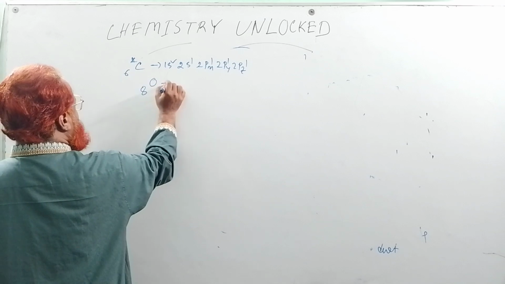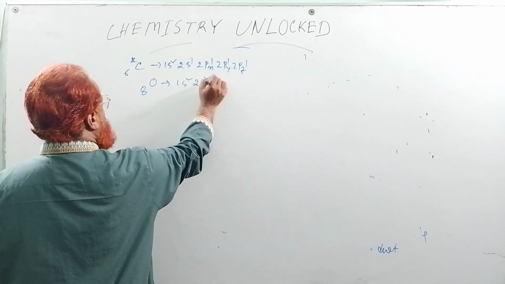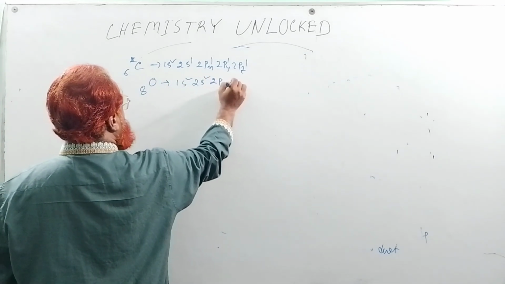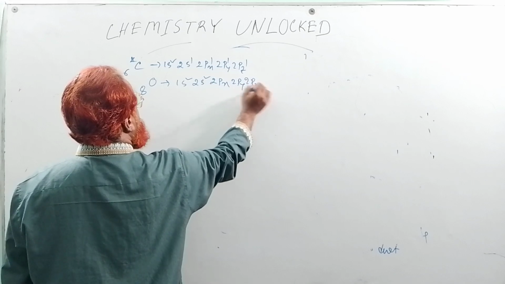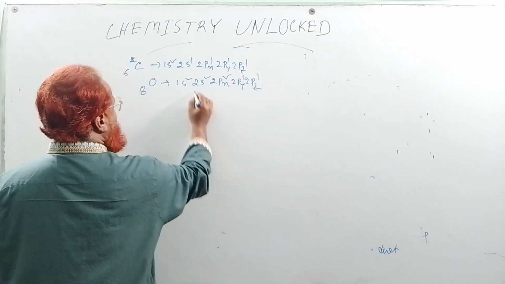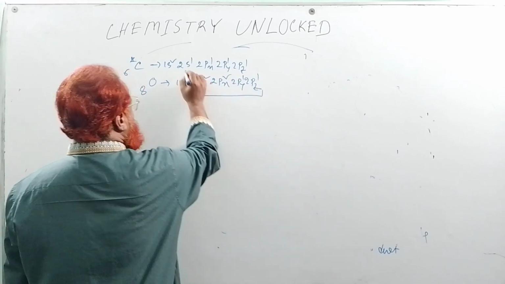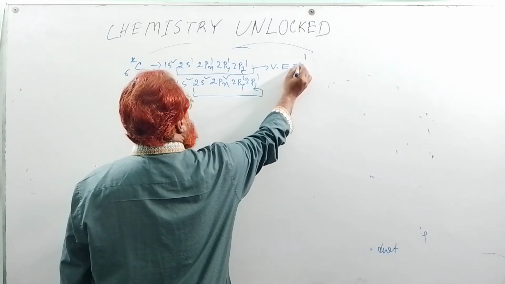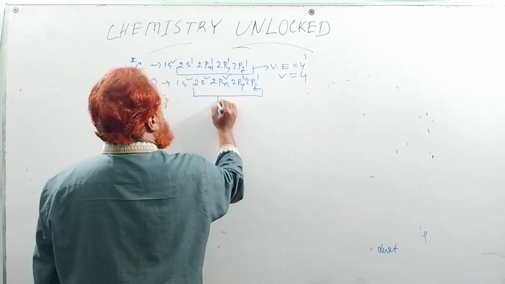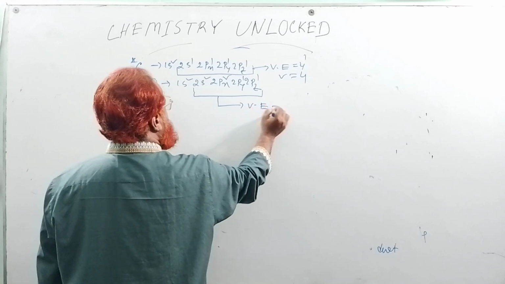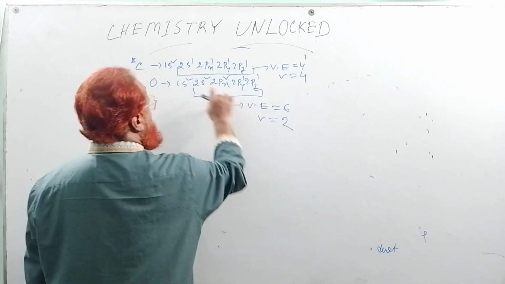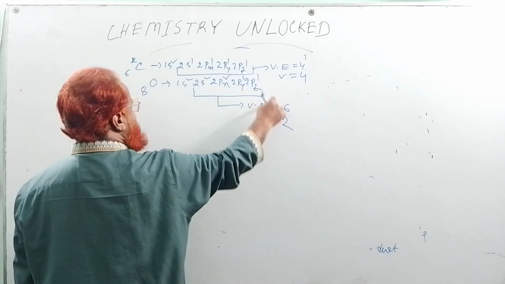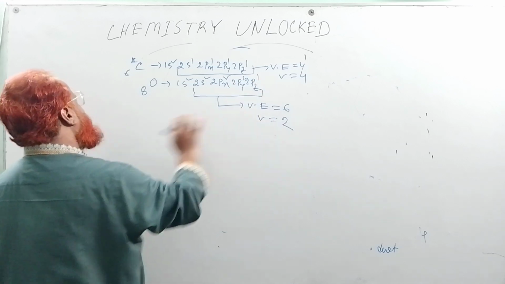And oxygen is what? 1s2, 2s2, 2px2, 2py1, 2pz1. So for carbon, valence electrons are 4 and valency is 4. For oxygen, valence electrons are 6 and valency is what? 2. The valence electrons are 1, 2, 3, 4, 5 and 6, and the number of unpaired is 2.